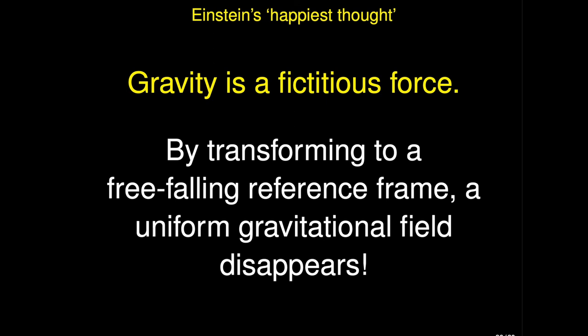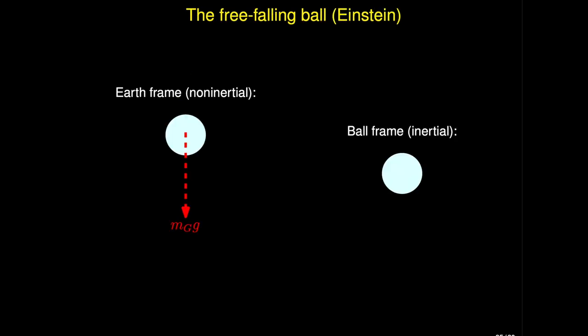So what we're saying is that gravity is a fictitious force, and by transforming to a free-falling reference frame, like here, where we transform from the earth frame to the ball frame, you can make the gravitational force disappear completely. So it doesn't have a mechanical origin, it's just a fictitious force.